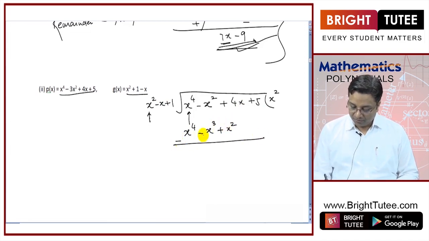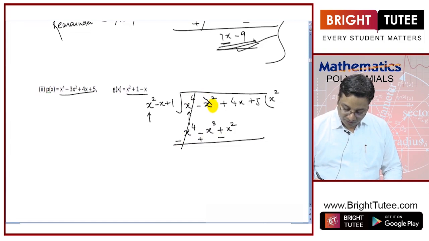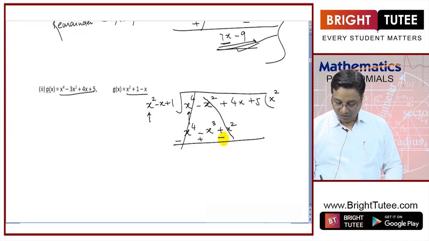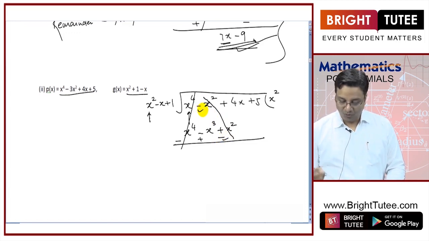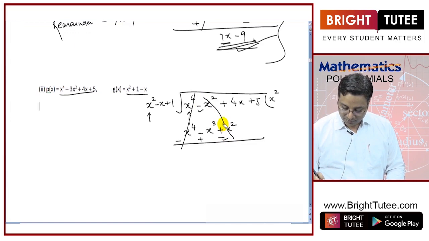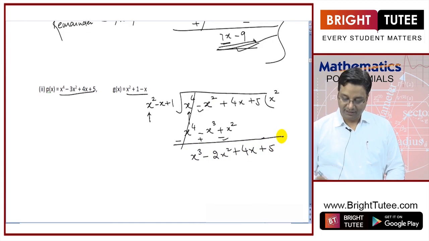So, now subtract. This term gets cancelled and x square term also gets cancelled here. No, it will get added, because this is a minus sign, this is a minus sign. So, minus 2x square. So, it will not get cancelled, it will get added to it. So, x cube minus 2x square plus 4x plus 5 is what I get here.